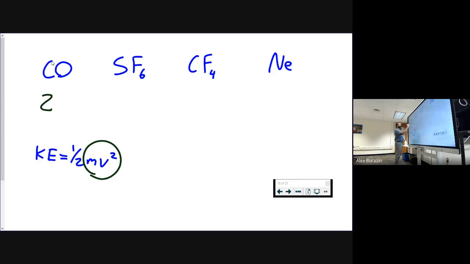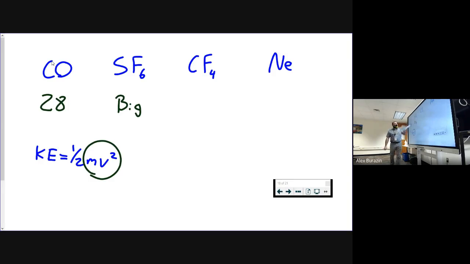Can I do math? Ish. I'm not doing sig figs. I'm just spitballing a little bit. Sulfur hexafluoride. Sulfur is, what is it, 32? Yeah, 32.06. And then fluorine is 19, but we got 6 fluorines. That one's big. Okay? Doesn't matter.